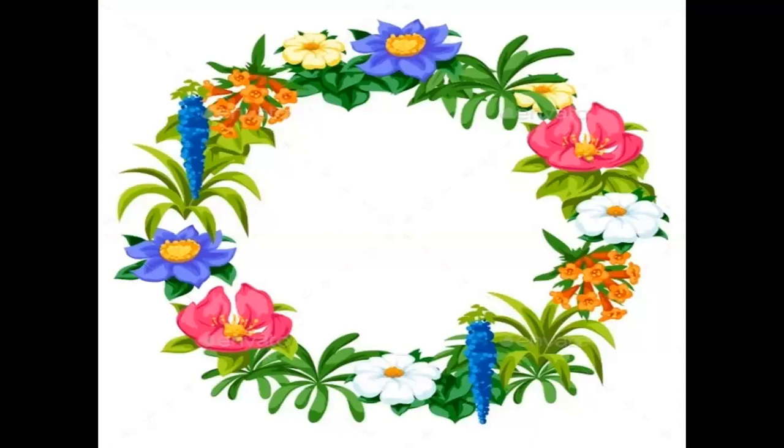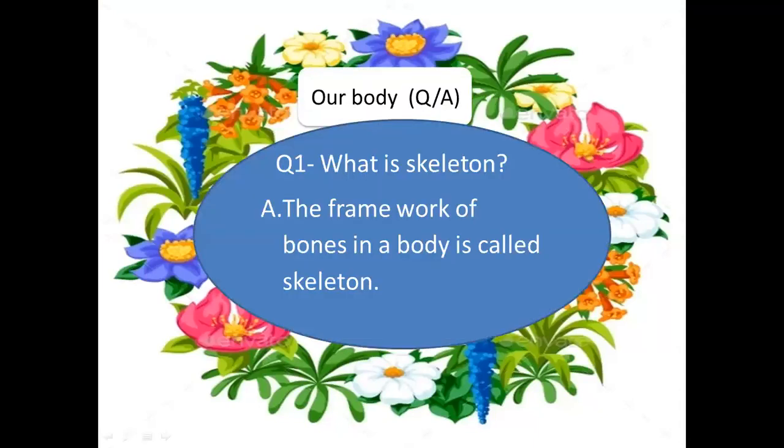Our first chapter is our body. In this chapter, we learned about different parts of the body: the bones, the skeleton, the muscles and joints.